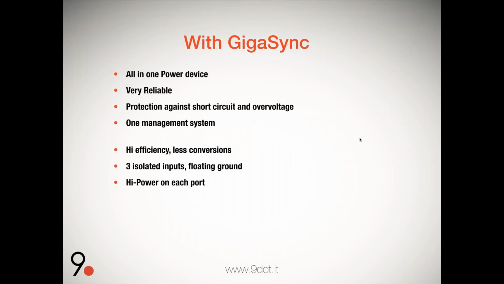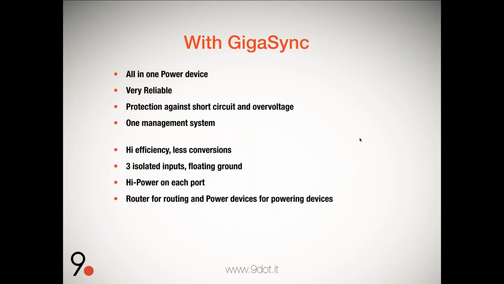It's made to avoid the problems in power systems, and it is protected against short circuit and overvoltage. And most of all, you will have only one management system to verify every parameter and send commands to the PoE system. So high efficiency, fewer conversions, 3 isolated inputs with ground.